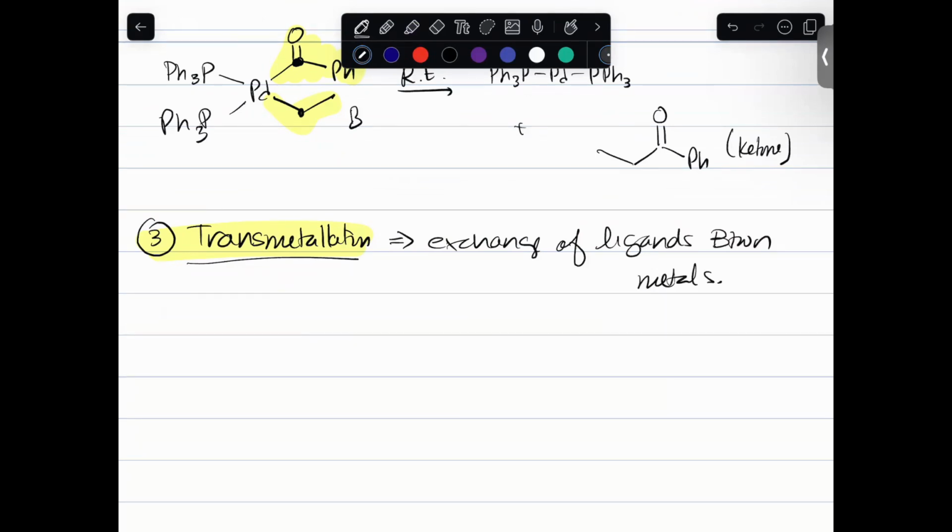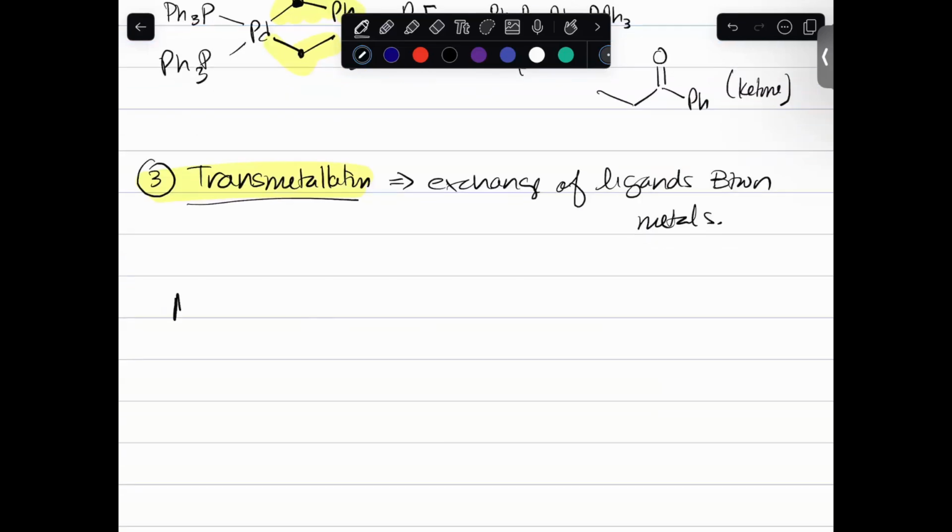So if it's an exchange of ligands between metals, then not surprisingly, you are going to need two metal systems with different ligands. So you've got your first metal complex with its own ligand and your second metal complex with its ligand. And all they're doing is exchanging ligands.